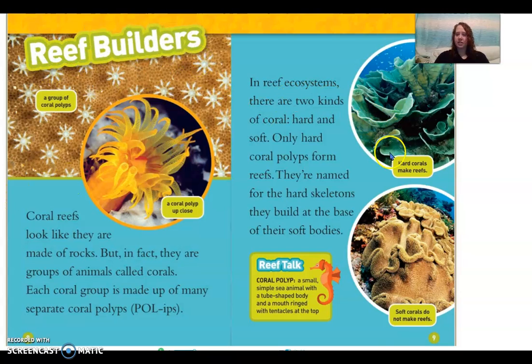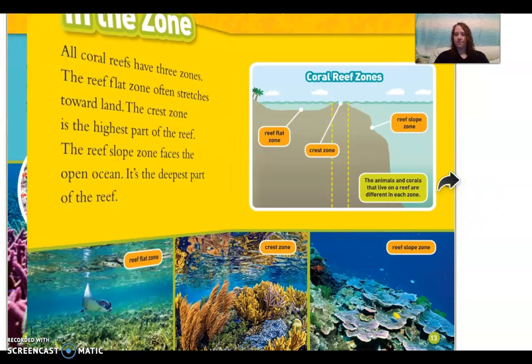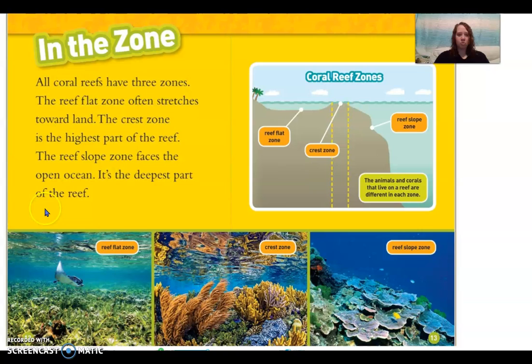Oh, and there's different types of coral. Oh my goodness. Look at all of these pieces of coral here. Hmm. So, oh, in the zone? But I can look at this diagram and it says there are different zones where reefs can be.